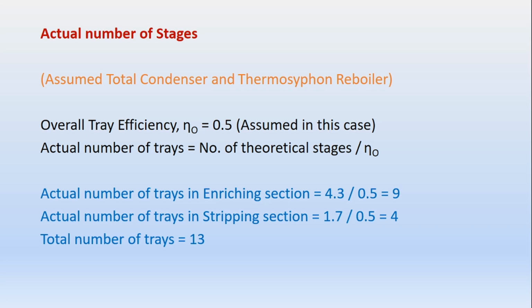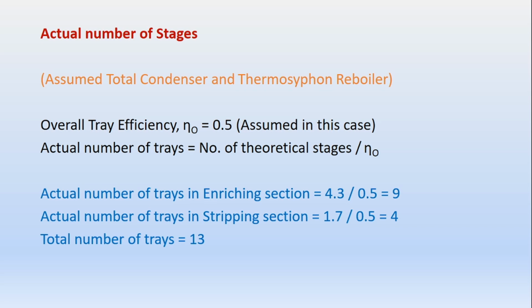All the vapor is completely converted to a saturated liquid. So that is a total condenser, and we are using a thermosiphon reboiler. This is also an assumption because this information is not provided in the problem.